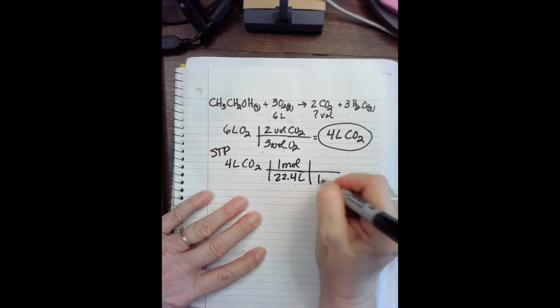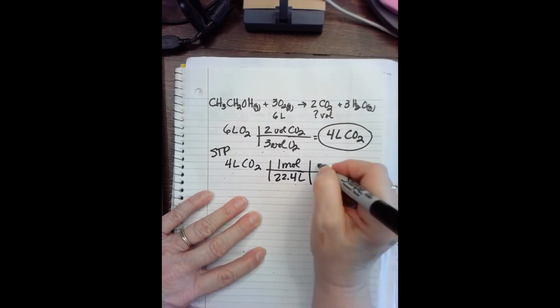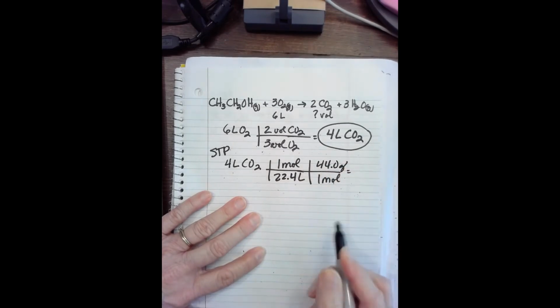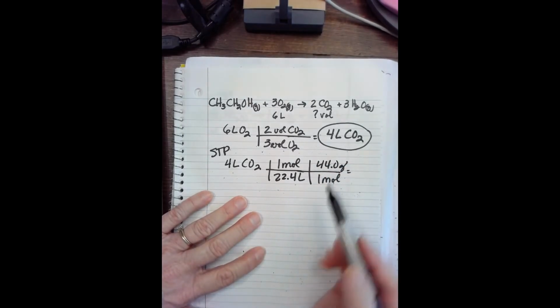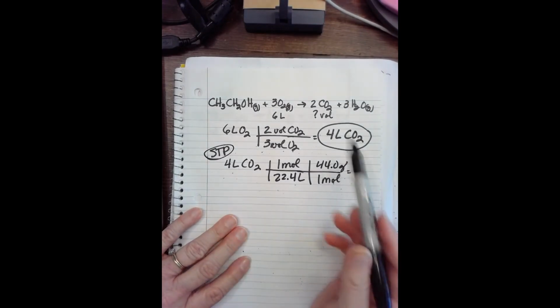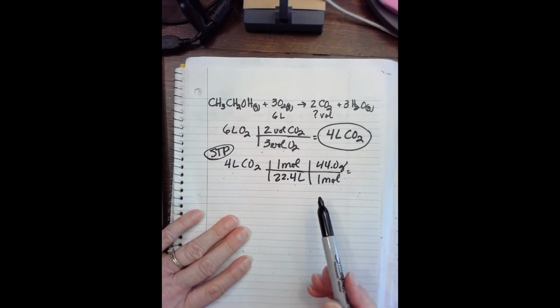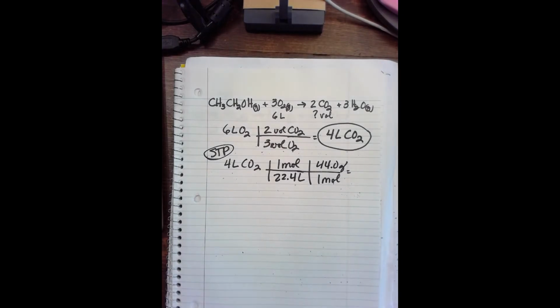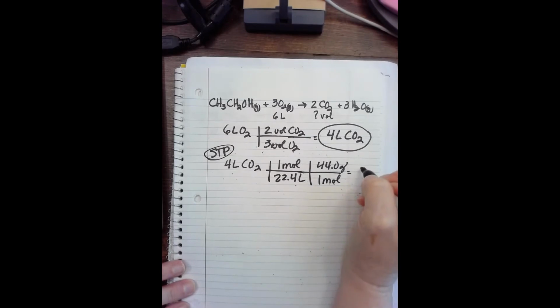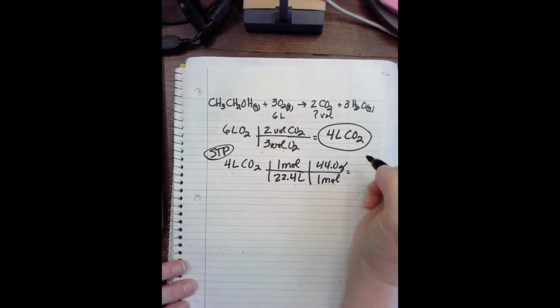And then we also know that 1 mole of CO2 has a mass of 44 grams, right? So I could figure out the mass of that at STP if this truly is happening at standard temperature and pressure. So that would be 4 divided by 22.4 and times 44. So that would be, and we can only have 1 sig fig, so we'd have to say 8.